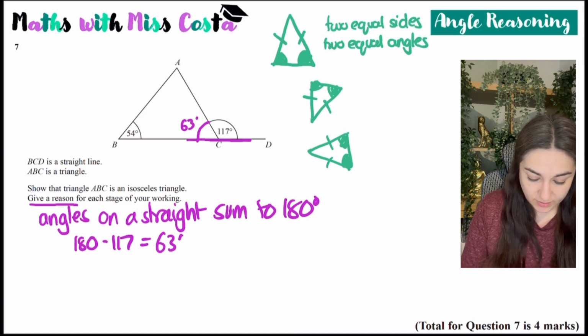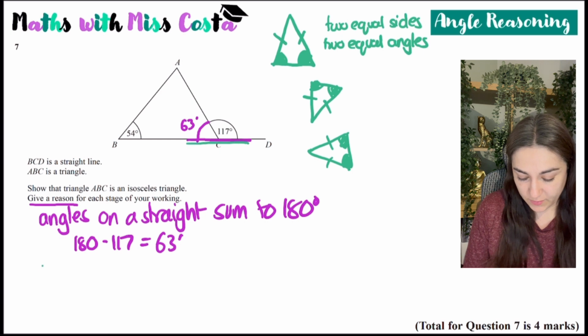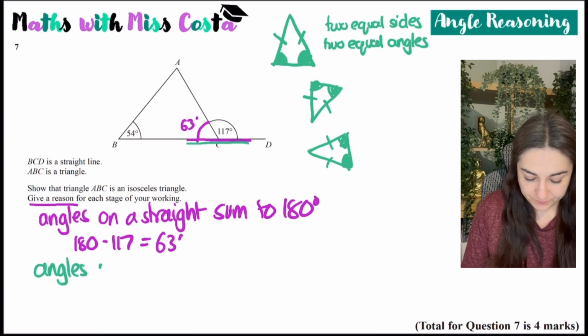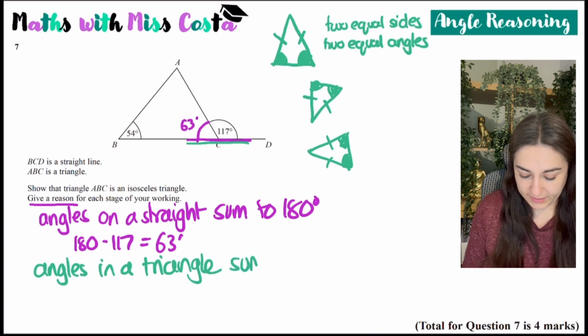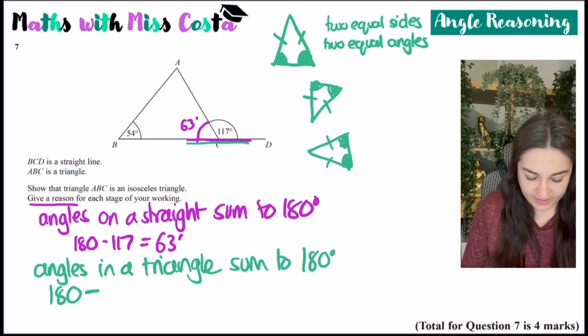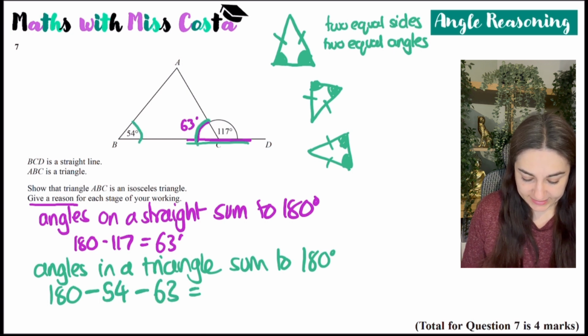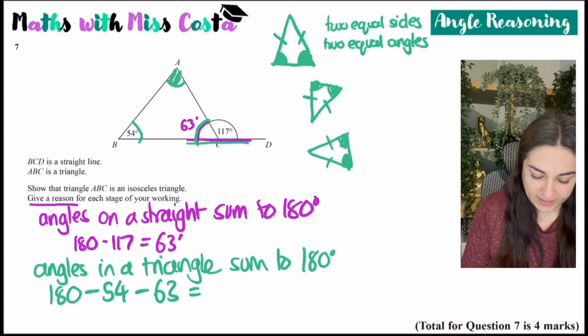Then we know the other angle fact that we should know is that angles in a triangle also sum to 180 degrees. So that must mean that 180 take away this angle, 54, take away this angle, 63, is going to give me my missing angle over here.